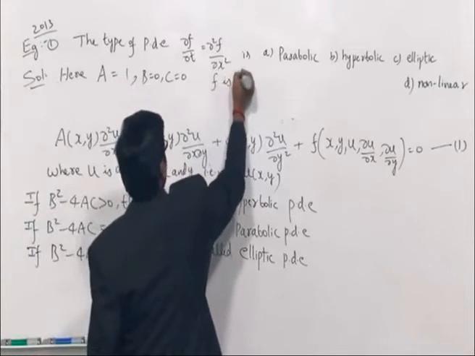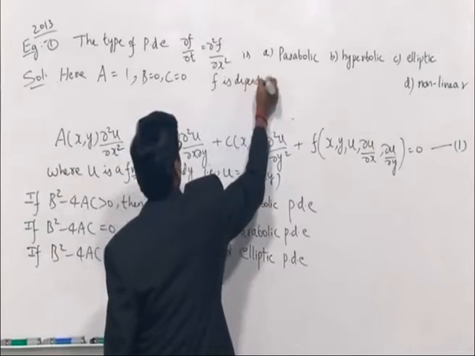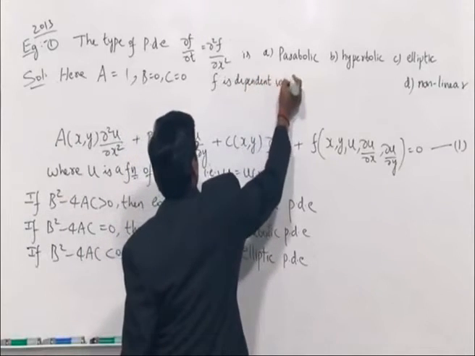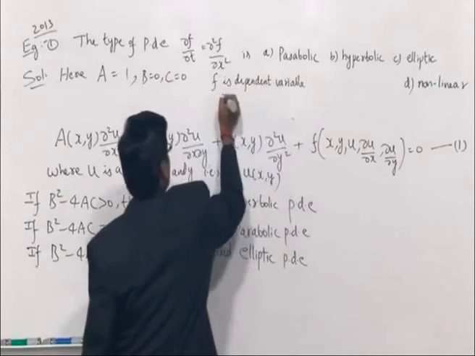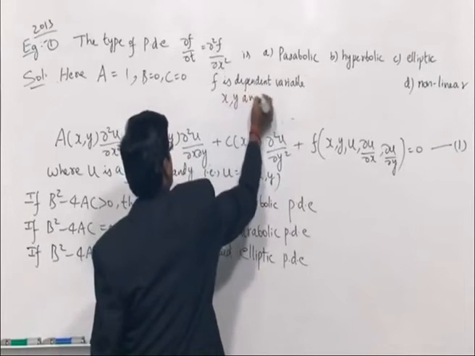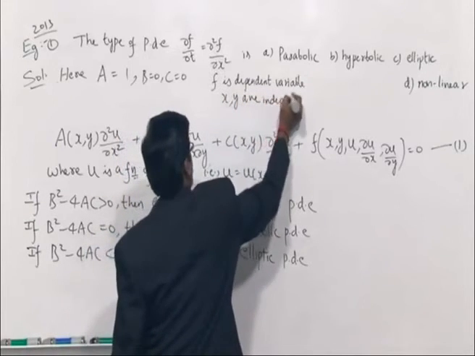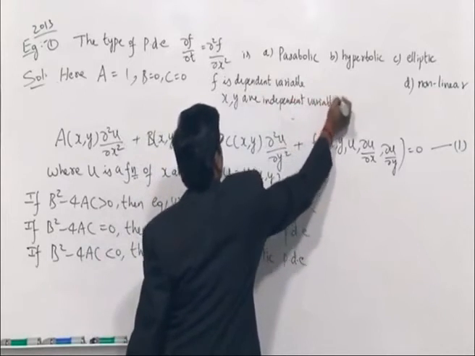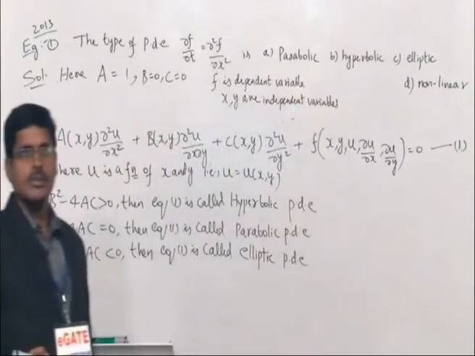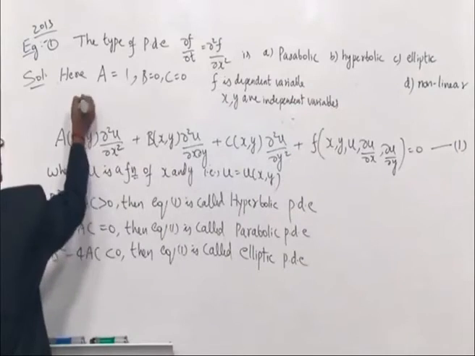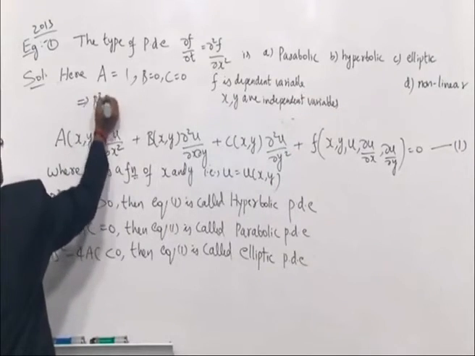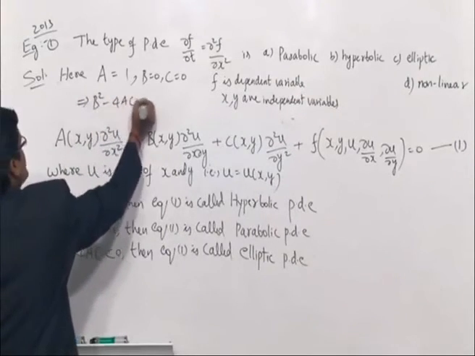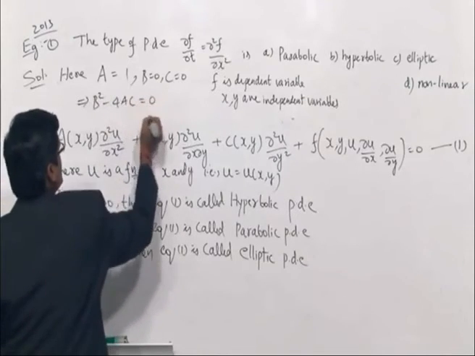B is equal to 0, C is equal to 0. Okay. F is dependent variable, x comma y are independent variables, which implies b square minus 4ac how much? 0.